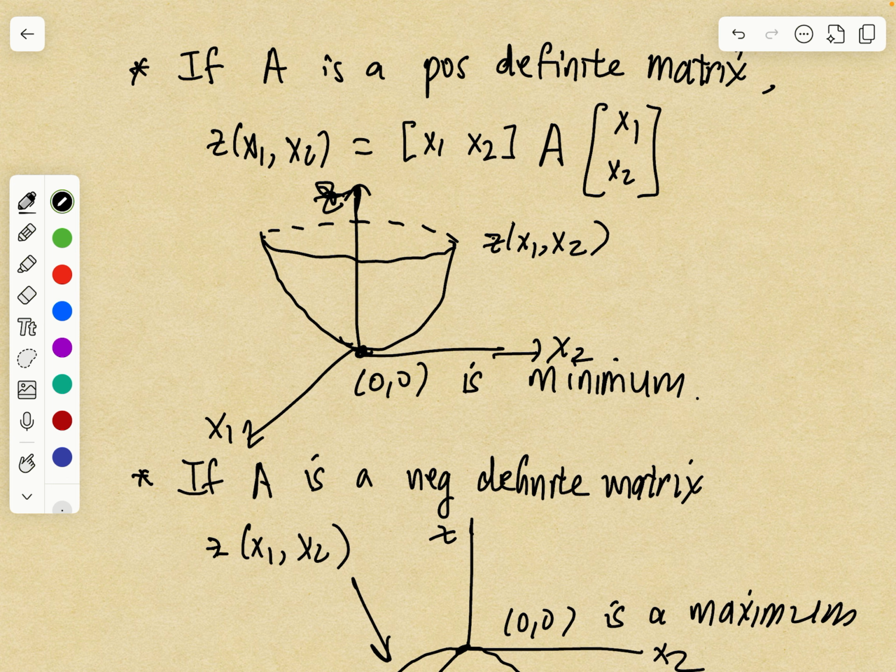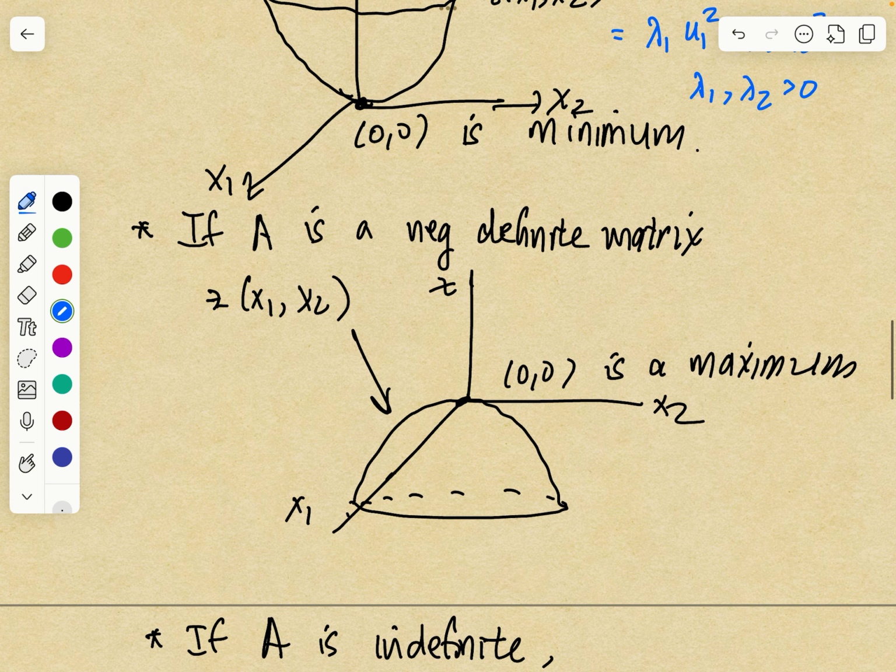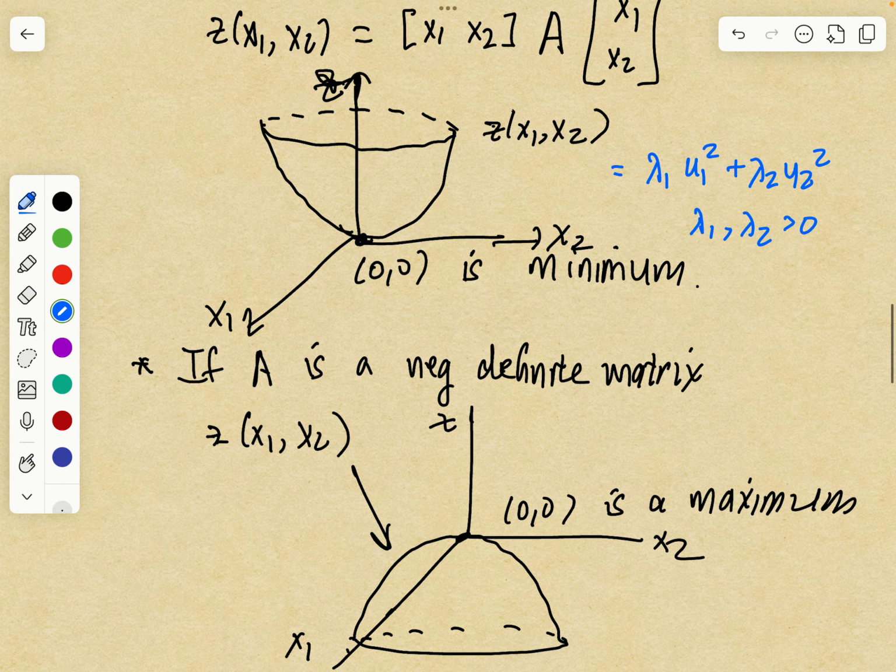The idea is that if you have a positive definite matrix, then after a change of variables, this is going to be lambda 1 u1 squared plus lambda 2 u2 squared, where lambda 1 and lambda 2 are both positive. And in that case, you're going to get a bowl.